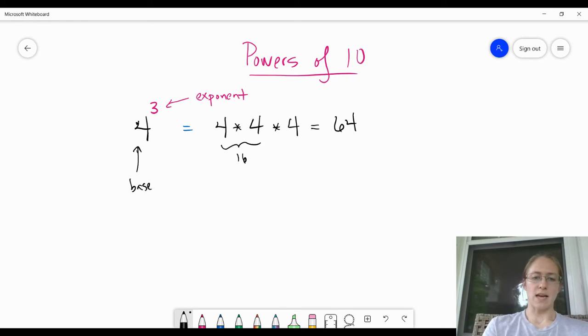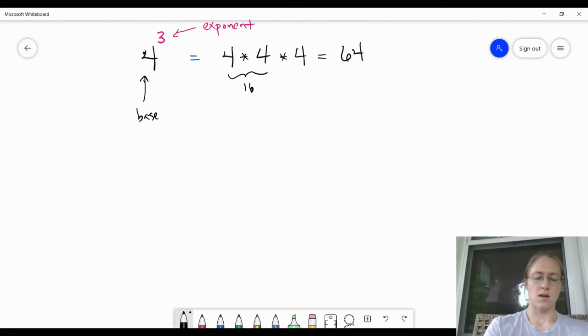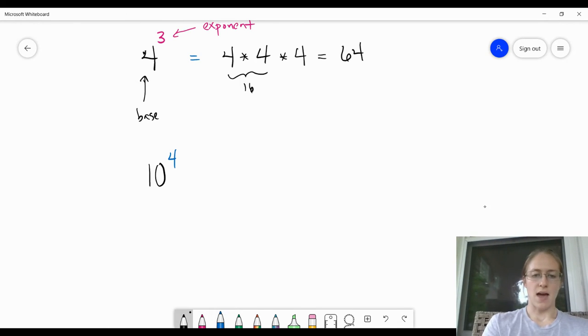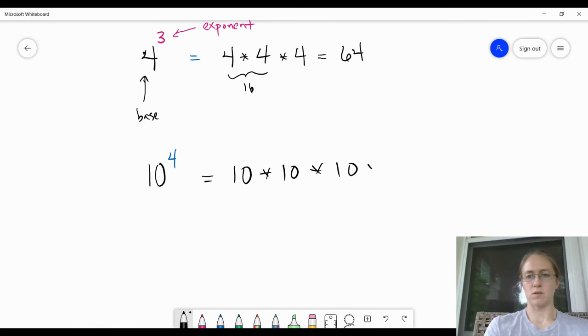So powers of 10 are numbers where the base is 10. So if my base is 10, regardless of what exponent I choose, my answer is going to be a power of 10. So for example, if I choose the exponent 4, that means that I'm multiplying 10 by itself 4 times.